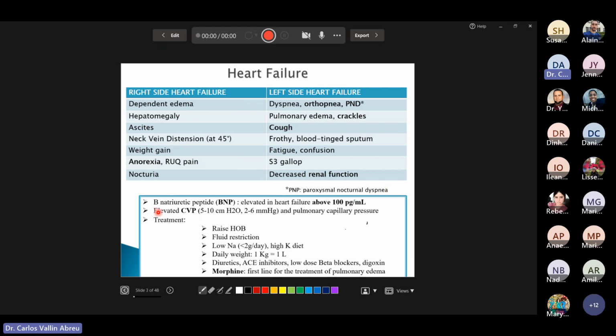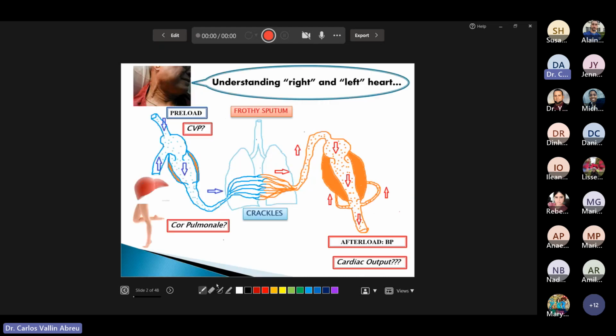Remember that nurses can measure central venous pressure, which is the measurement of the volemia, of the preload, okay? But doctors can do that with a more sophisticated catheter that is longer, enters inside the heart, enters the pulmonary arteries, and enters a branch of the pulmonary artery inside the lungs.